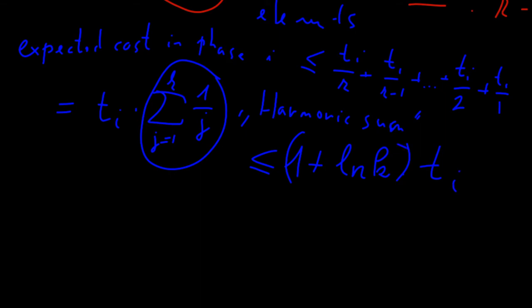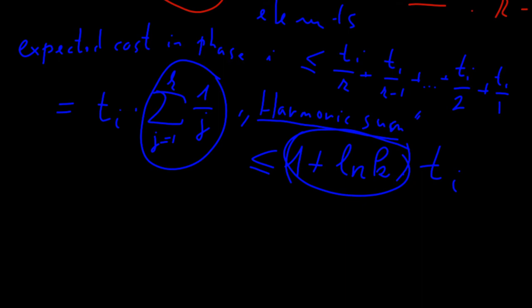So this is a known bound for the harmonic sum, that the sum of the reciprocals is approaching 1 plus the natural logarithm of k. It's basically around this value.